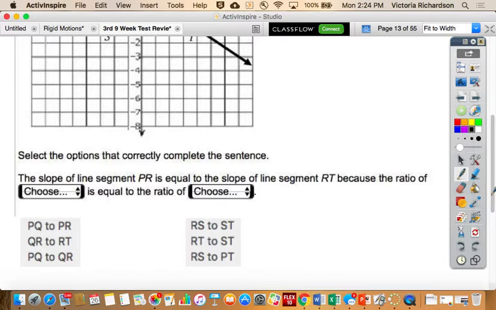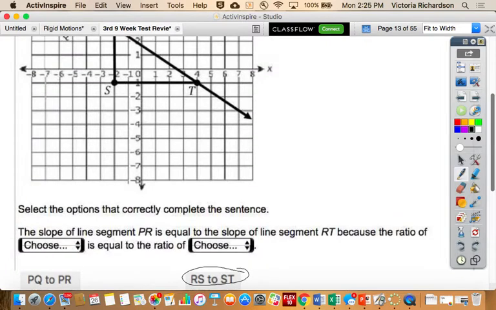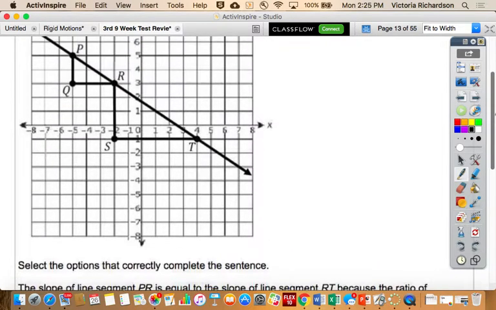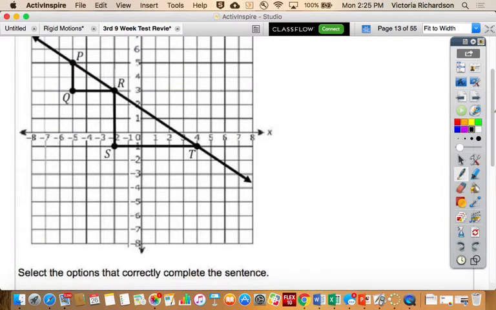The slope of the line segment PR is equal to the slope of line segment RT because the ratio of PQ to QR is equal to the ratio of RS to ST. So if we go back and look at that, PQ to QR, rise over run, and we're going to compare that to rise over run.